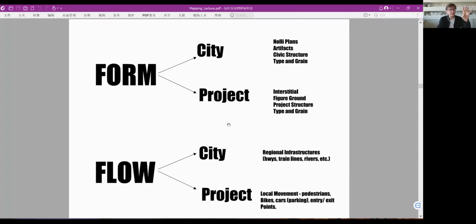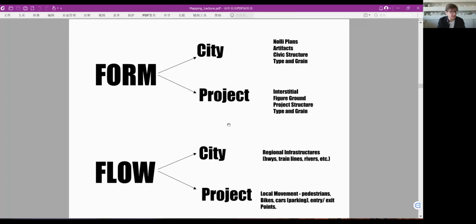Always think about the form and the flow, because this is the blood which runs through the veins of the city. No form can be independent from the flow. And so you analyze the same on the city and the project level. On the city level, it's the regional infrastructure like highways, trains and rivers, etc.